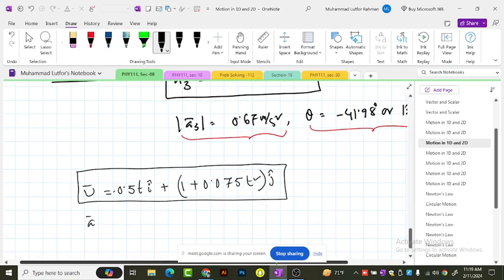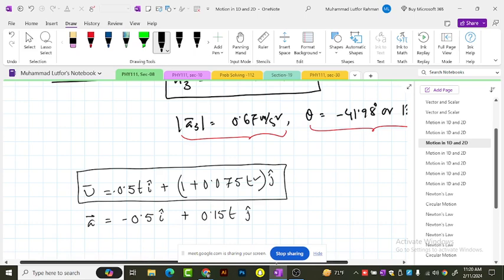What about the acceleration function? It was simply minus 0.5 i hat plus 0.15 t j hat, right? Am I right? Yes, sir.